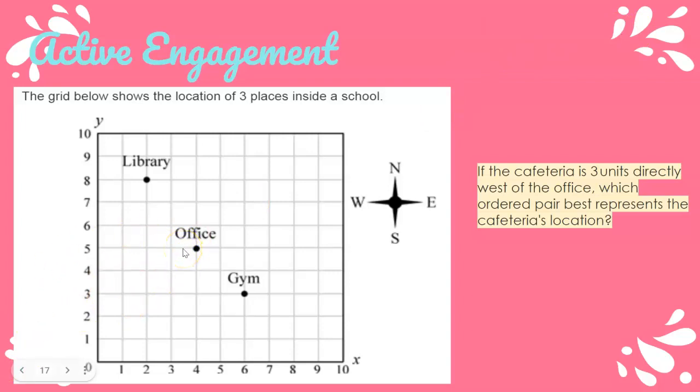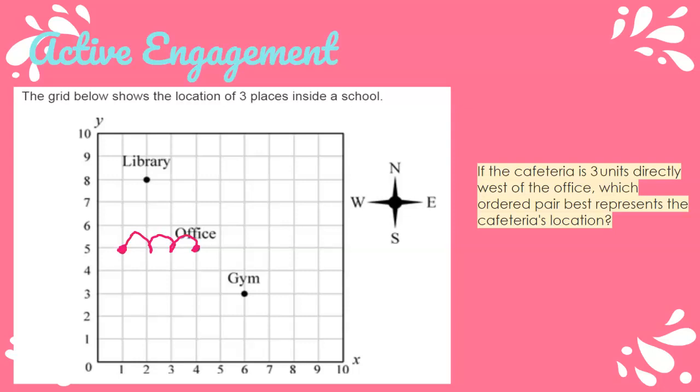Okay, so if we start at the office, which is here, and we go 3 units west, I can look at the compass and say west is going to my left. So I'm going to go back 3. 1, 2, 3.